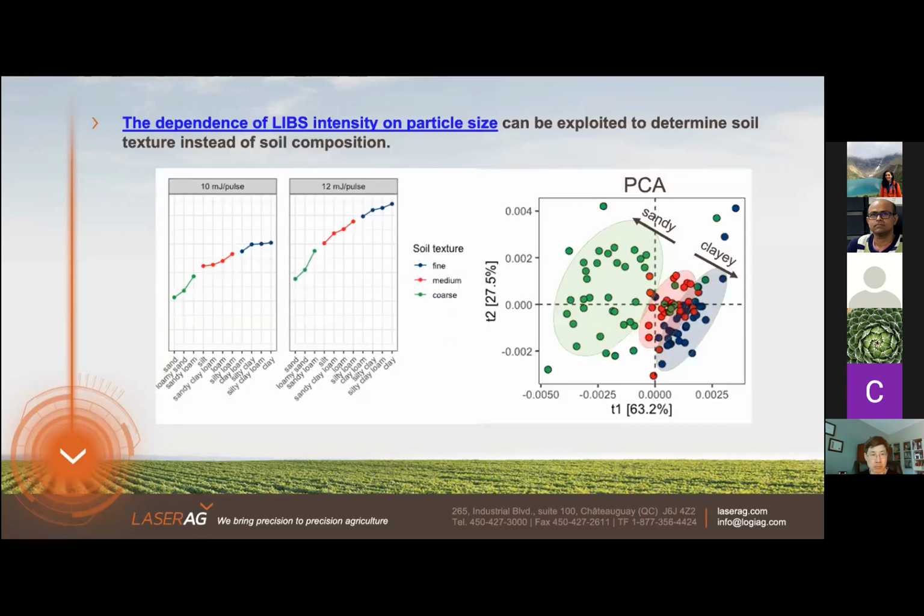For the LIBS, because LIBS is usually used for determination of minerals and different chemical elements.